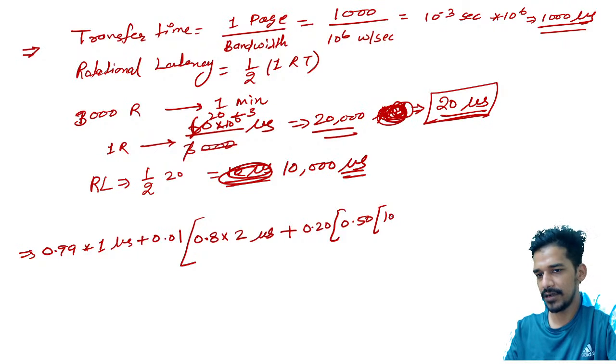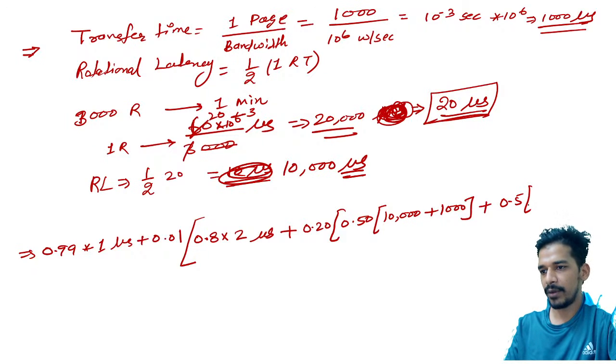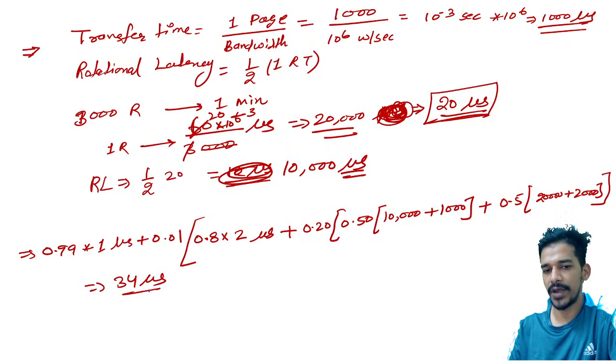That means 10,000 plus 1000. Plus 50% will require memory access 2 times, that is 20,000 plus 2000. You will solve this equation and you will get around 34 microseconds.